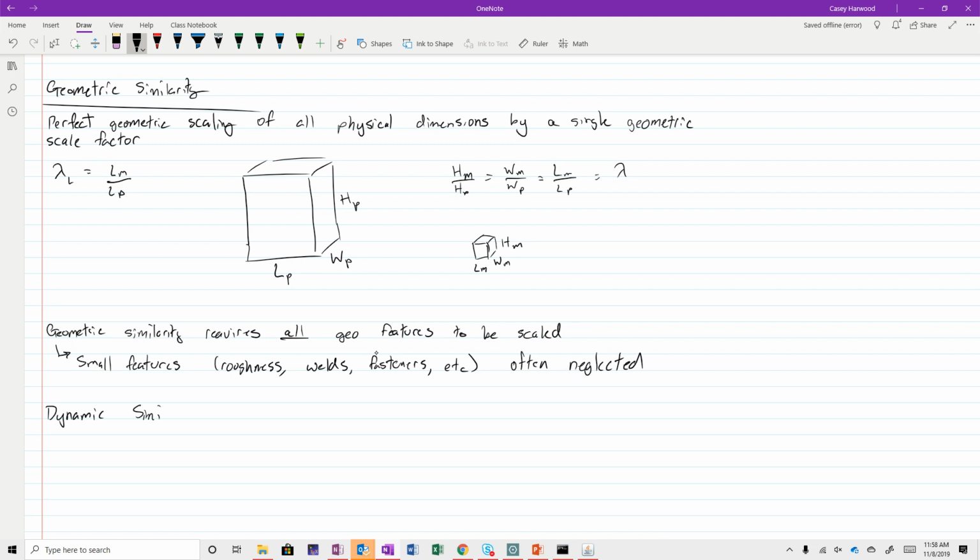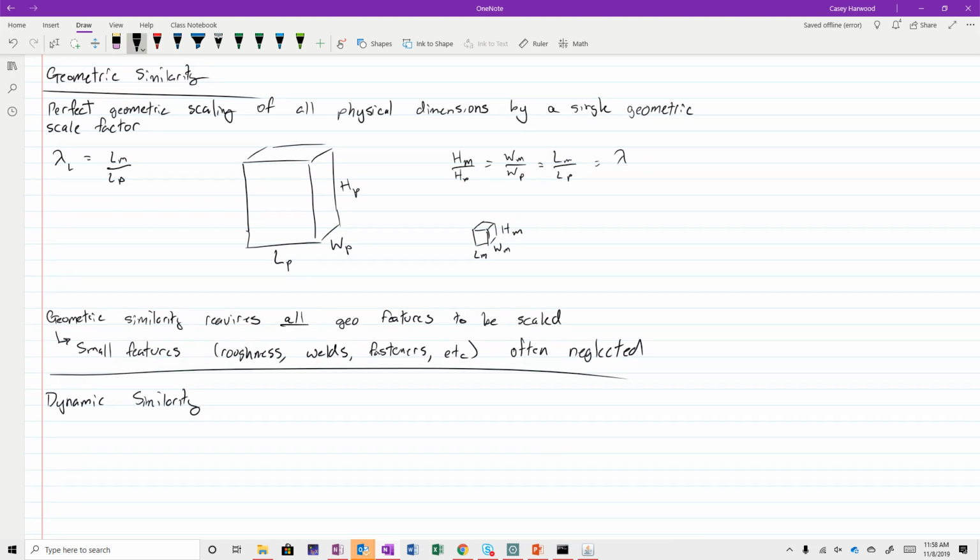Dynamic similarity is the second of these requirements. And this says that ratios of forces of different types must be maintained at model scale.